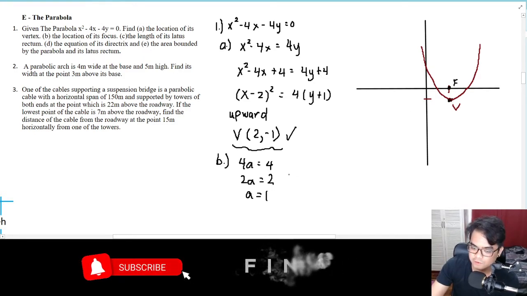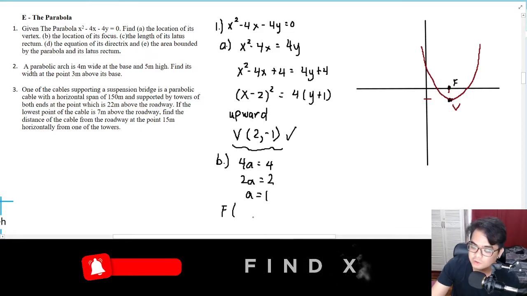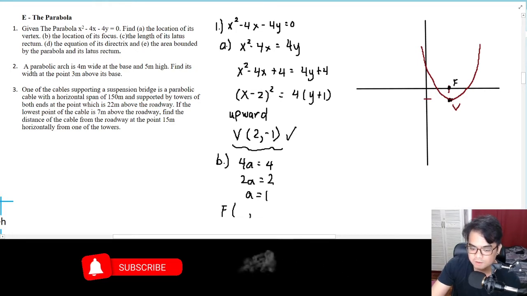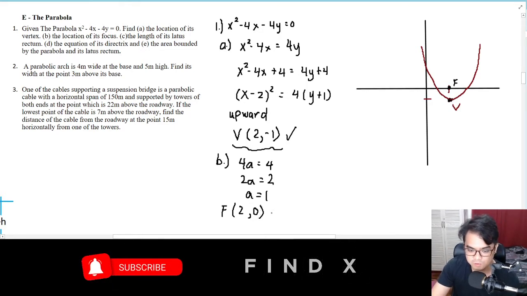Therefore, your focus is at, what's that coordinate? The coordinate of that is the x is, no, the y is 0, right? And the x is at 2. So 2, 0. Okay, so that's 2, 0, and this will be your focus.